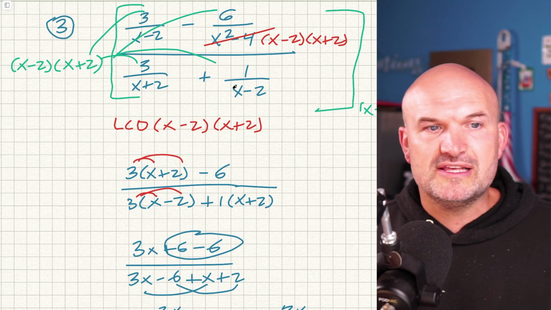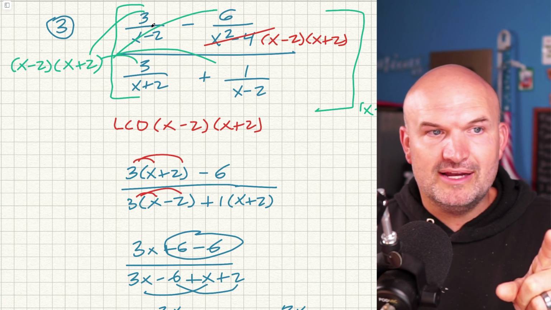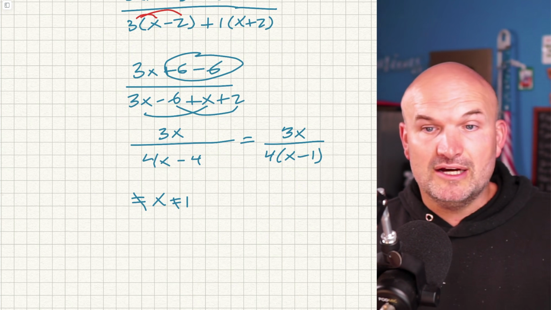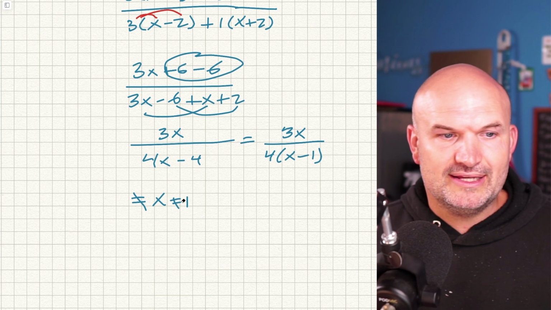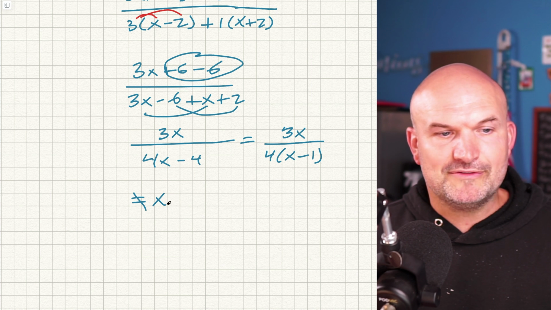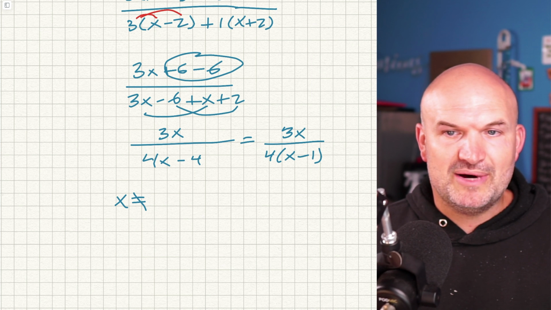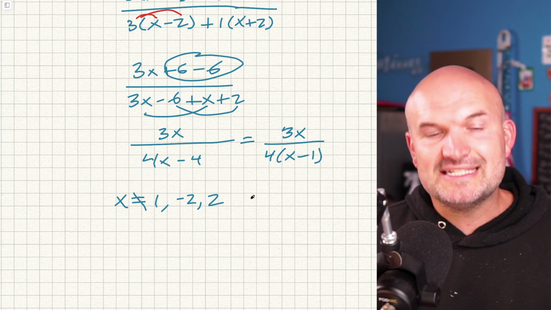What were the other values that made our denominator equal 0? Negative 2 and positive 2, right? It shows up in all of these. So we have to restrict not only our simplified result, but we also have to include the original restrictions, so x cannot equal a positive 1, a negative 2, and a positive 2.